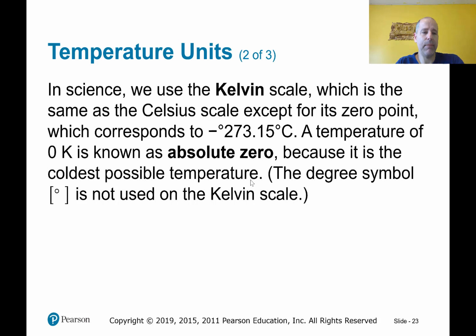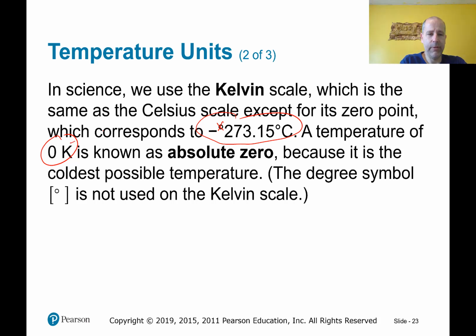The Kelvin scale is the same as the Celsius scale, except for its 0 point, which corresponds to negative 273.15 degrees Celsius. Okay, so a temperature of 0 Kelvin, right?